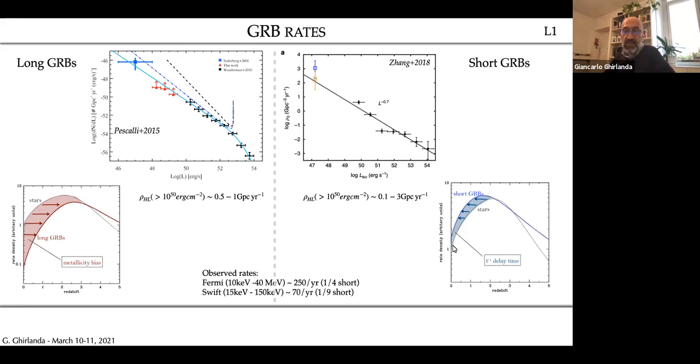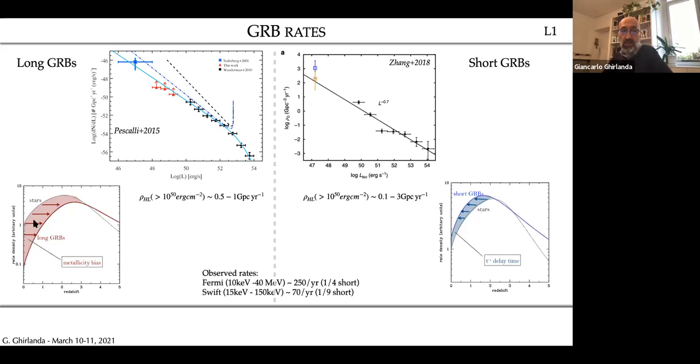In general, if you consider the formation of stars as a function of redshift, so the cosmic star formation rate, which is represented by this thin line here, the intrinsic population redshift distribution should peak at lower redshift due to the delay between the formation of the progenitors, the double systems that probably follow the star formation rate, and the merger, which can take several megayears.